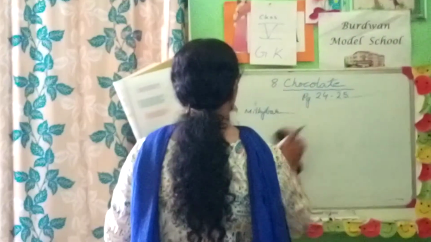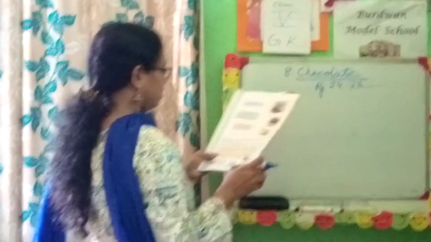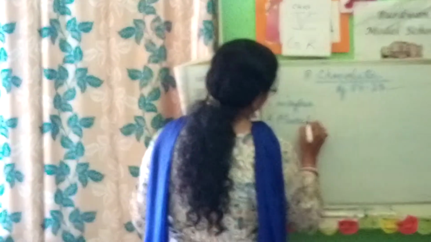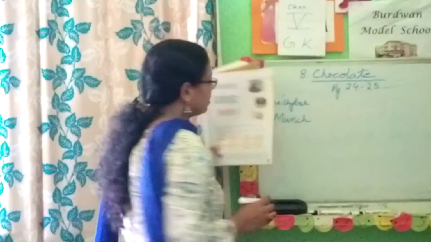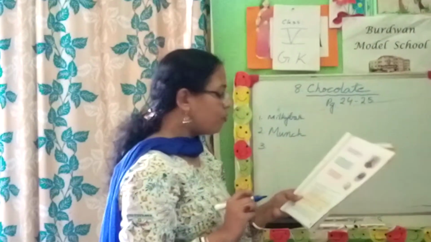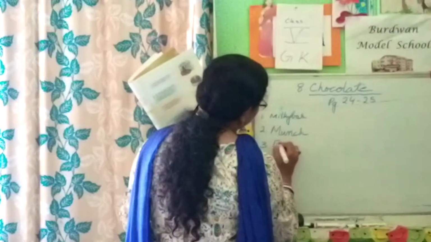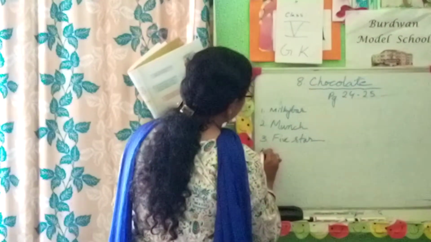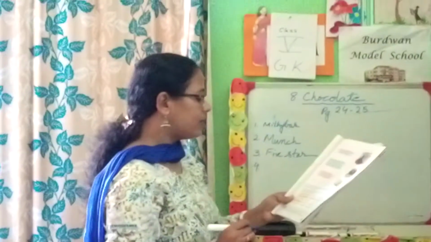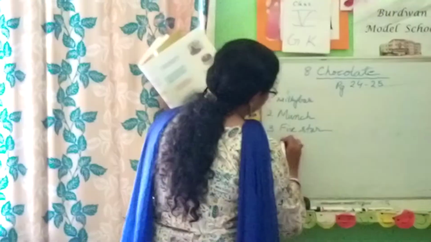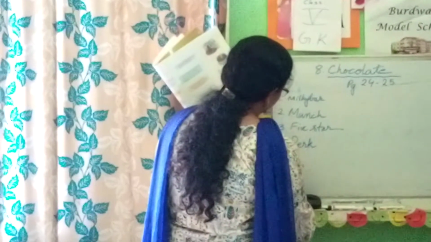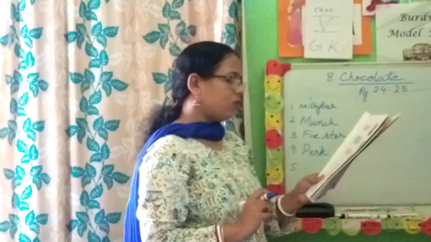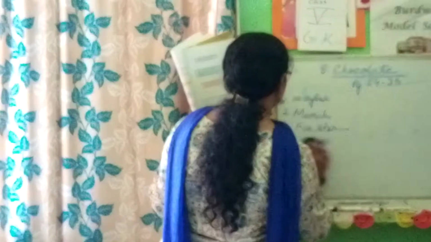Next, number 2 comes Munch. Next, number 3 comes 5 Star. Next, number 4 is Perk. Number 5 is Bournville.